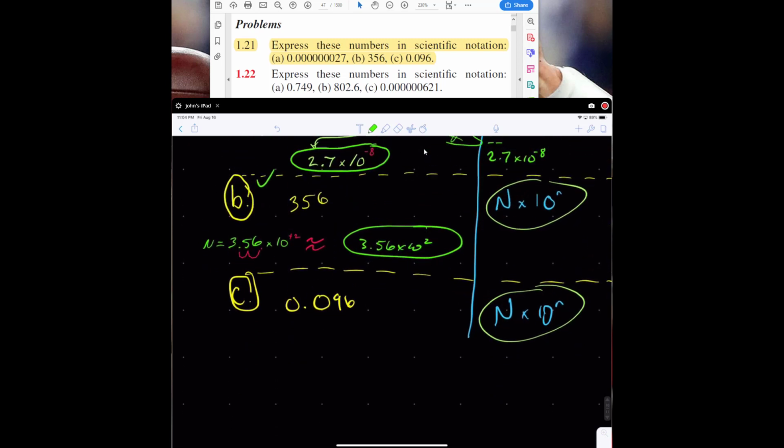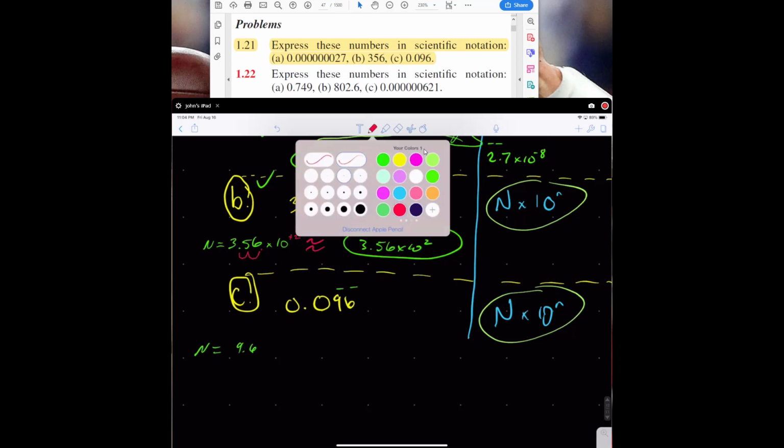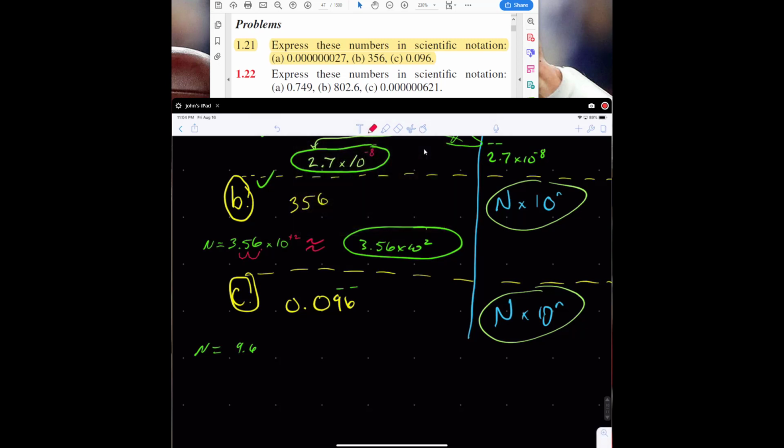Up next, 0.96. Okay, so a number between 1 and 10, our only option here is 9.6, right? Because those are our 2 sig figs, 96. We need 0.096, so what we're going to do is move the decimal 1, 2.